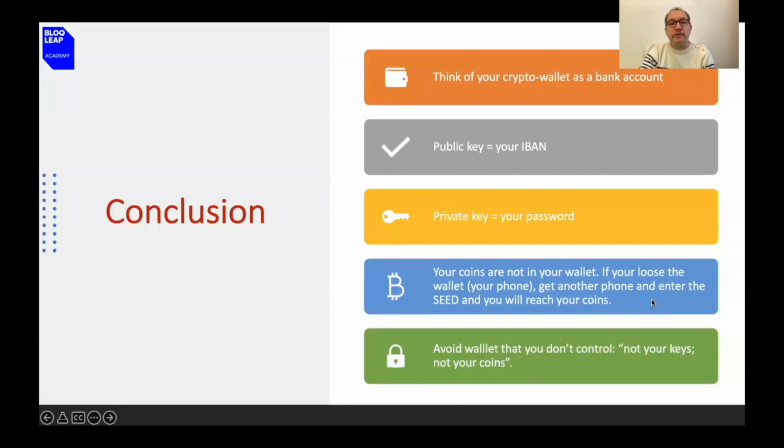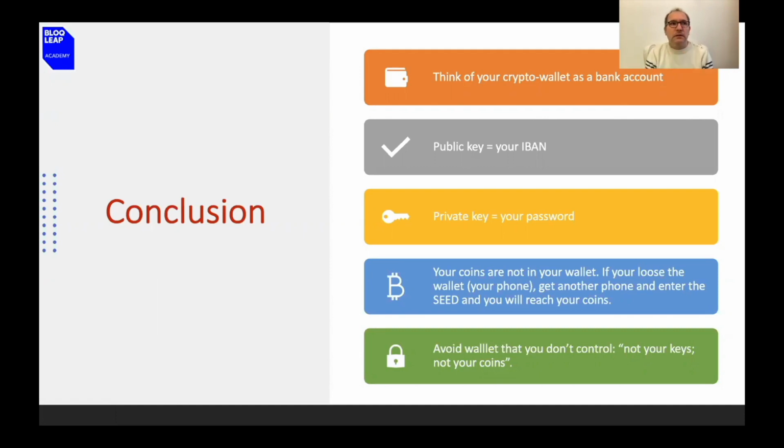Right, very important. So in conclusion, you really have to remember how to think of a wallet, any wallet actually. So you can ask me, where can I get a wallet? You go online or you go to your app store and you download the wallet you want. You've got hundreds of them.